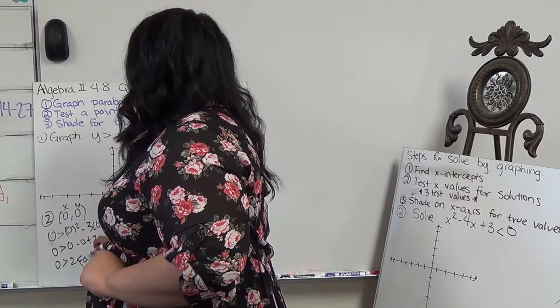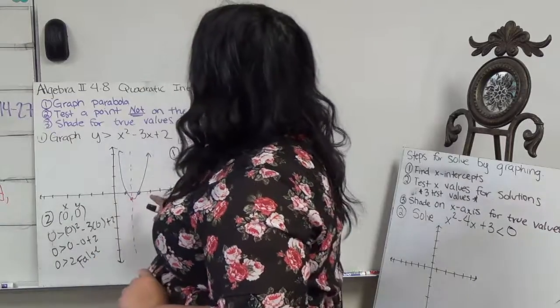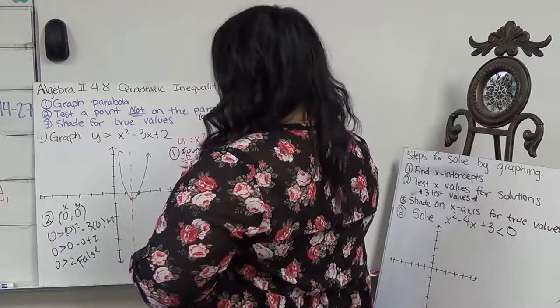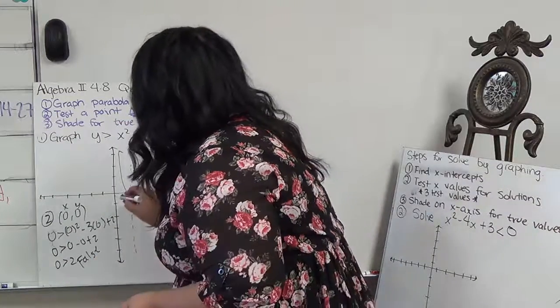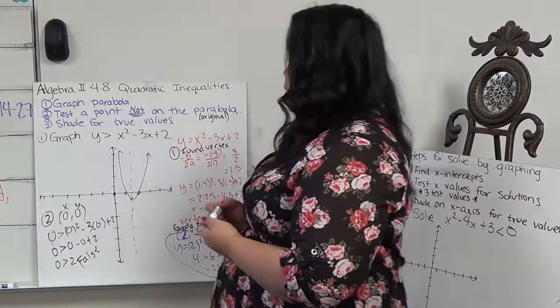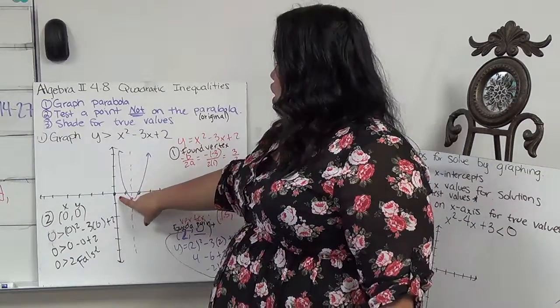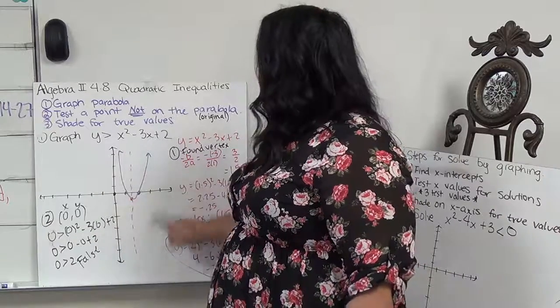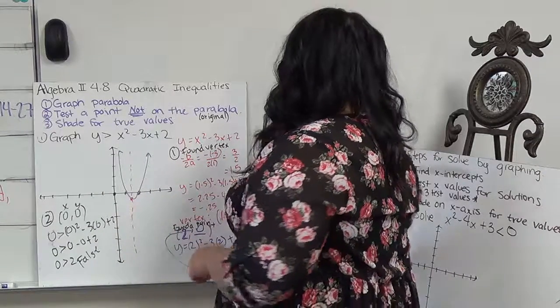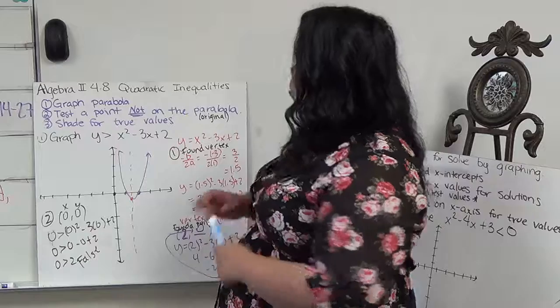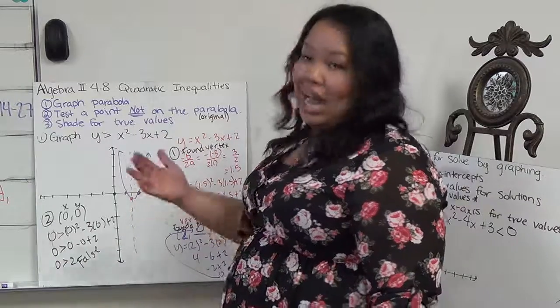This is false. My third step is to shade for the true values. Here is the point that I tested, and it's false. That means everything on the outside of the parabola is false, and I need to shade the ones that are true. I could test a point in here and do all the work, but it has to be one or the other.